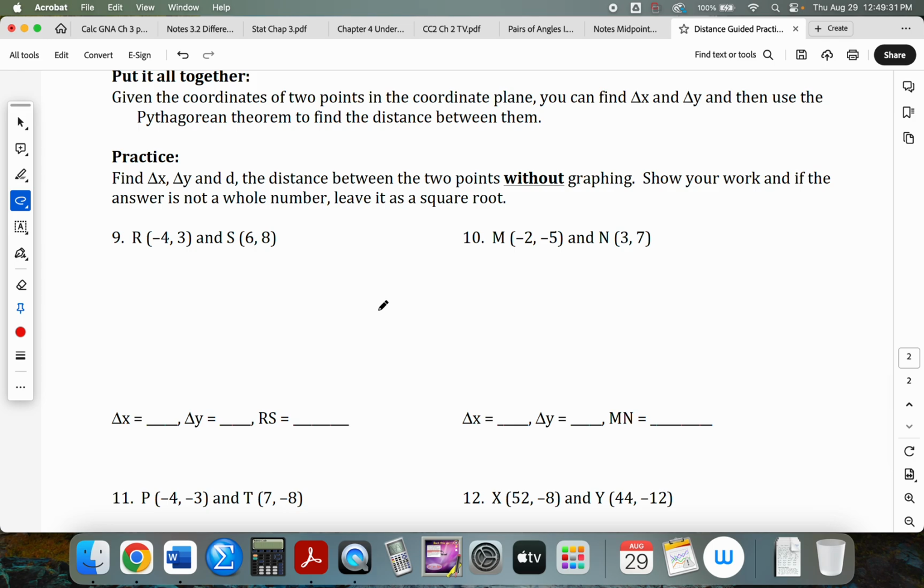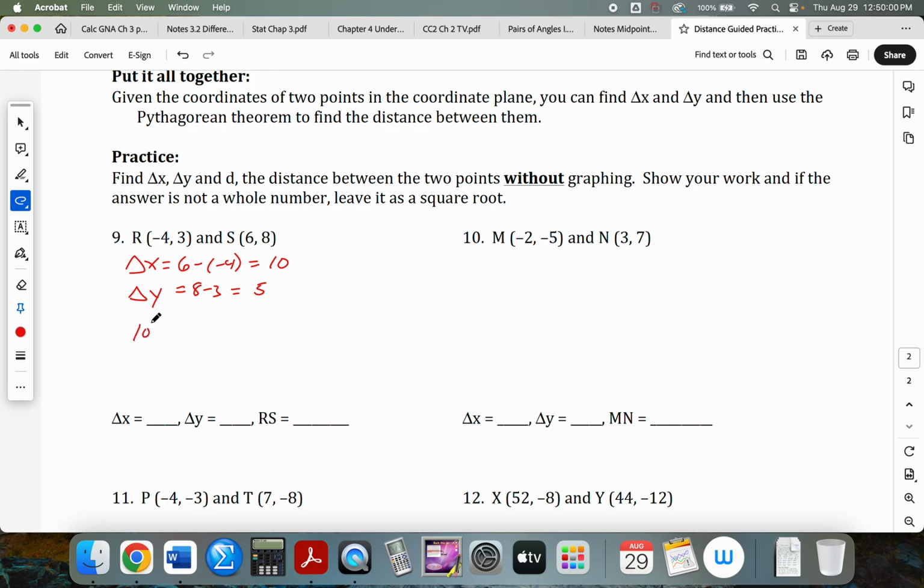So if we're doing this without graphing, we could find delta x, which would be 6 minus negative 4. So the change in x is 10. Delta y would be 8 minus 3 is 5. And then we could find the distance between the 2 points.